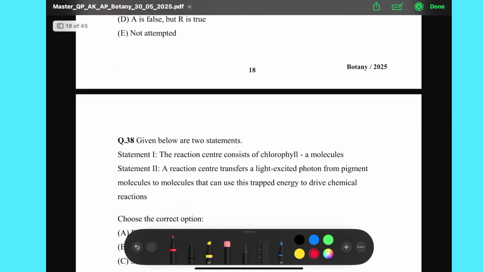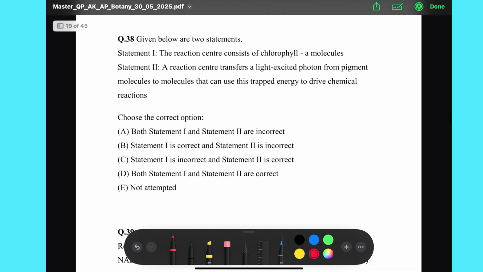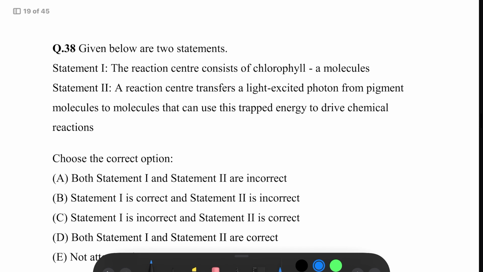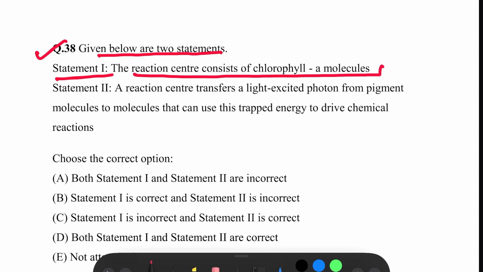Now move to question number 38. Let us see question number 38. Given below are two statements. Statement 1: the reaction center consists of chlorophyll molecules. It is right.